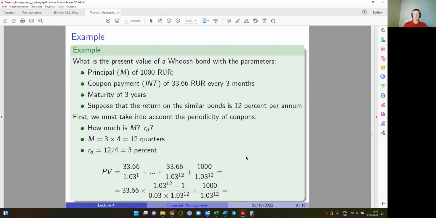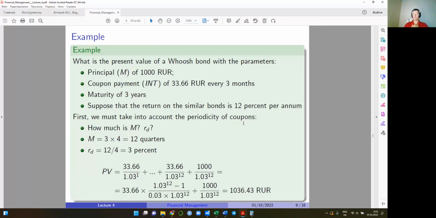Okay, so this part is the present value of annuity. We can convert this to the following form. And finally, after the calculation, we get 1036.43 rubles, which is the maximum possible price that we are ready to pay if our required return is 12%.